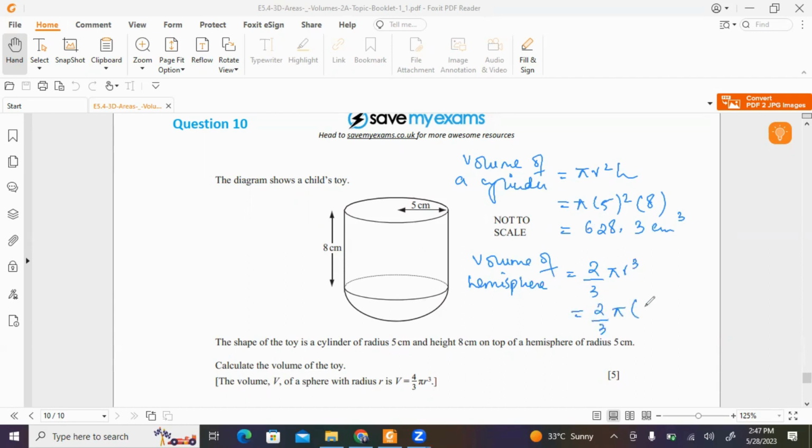That equals 261.8 centimeters cubed. Now, the total volume will obviously be the sum of these two: 628.3 plus 261.8, and that equals 890.1 centimeters cubed. That is your answer.